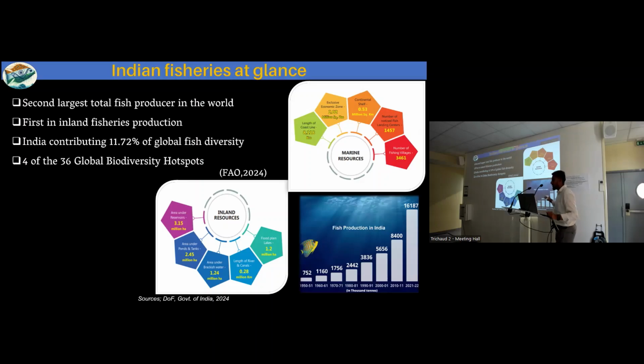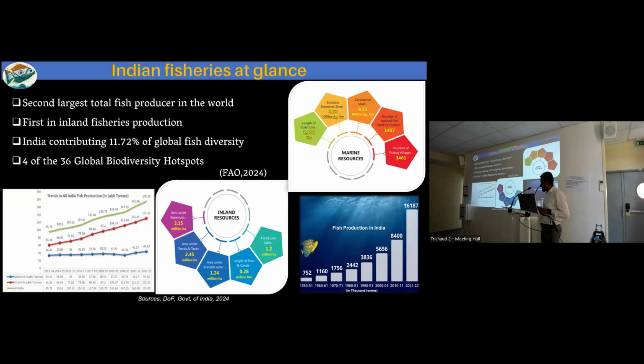We can see clearly how the total production of India has steadily grown over some decades, and it continues to grow. But if you look at the second graph, this production is mostly contributed by aquaculture.